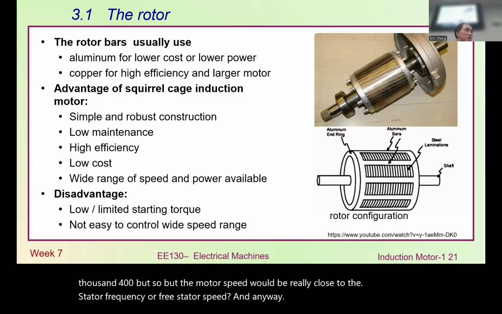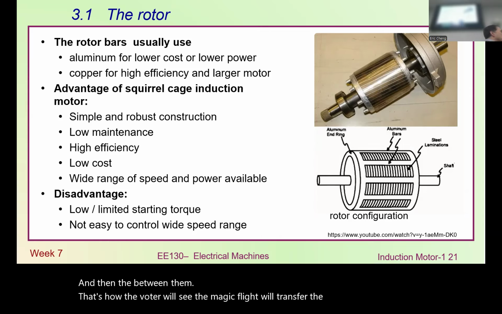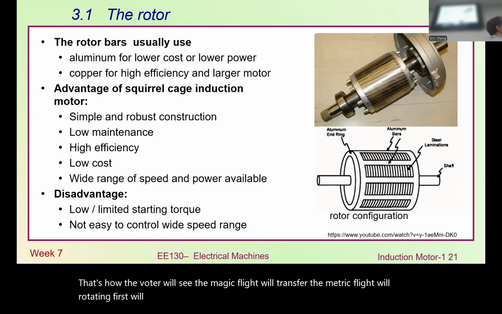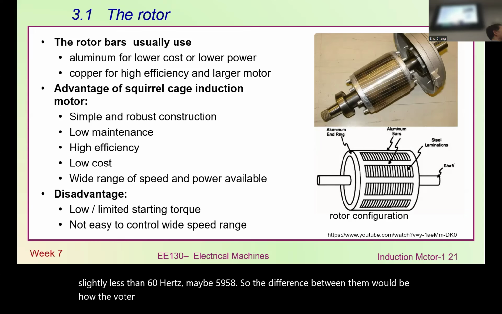And then between them is how the rotor will see the magnetic flux. The rotating flux will be at 60 Hertz, but the rotor itself rotating will, of course, be slightly less than 60 Hertz, maybe 59, 58. So the difference between them is how the rotor will experience the magnetic flux.